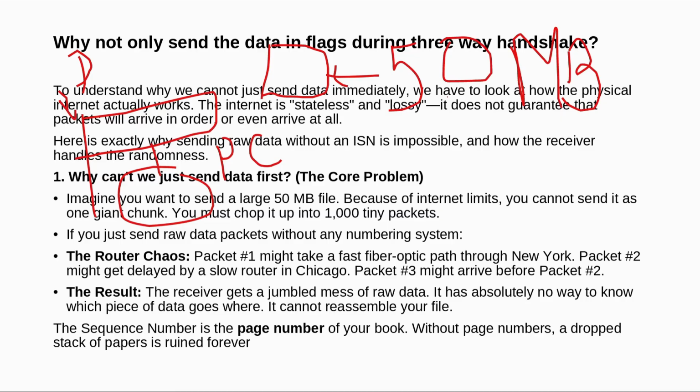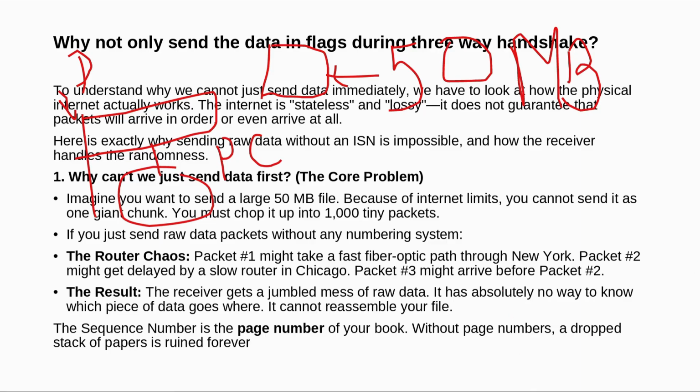You cannot send this giant 50 MB file in one go. You can't send that, so you have to chop it into 1000 tiny packets. If you send raw data packets without any numbering system, what happens?